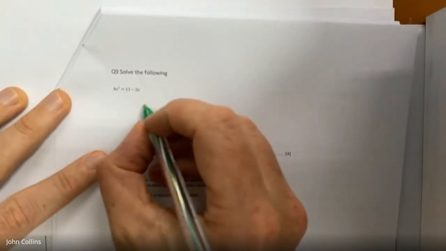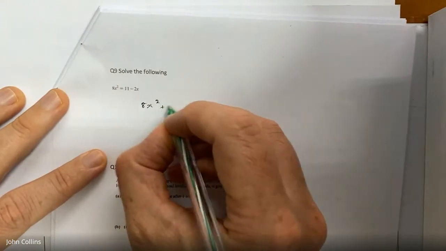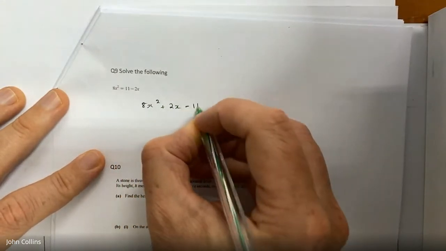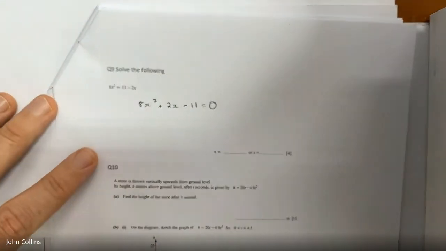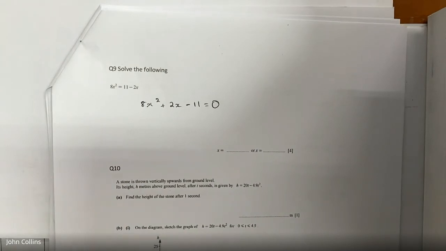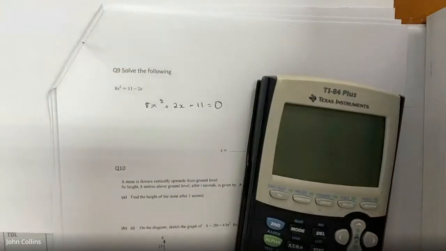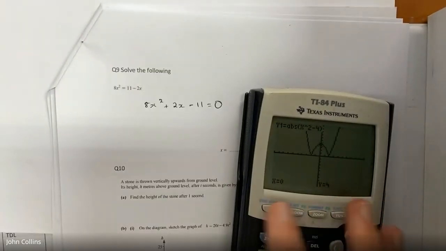Let's move along. Solve a quadratic equation. So we have 8x squared plus 2x minus 11 equal to 0. I just brought it all over to one side to start off with. Any suggestions how you'd solve this? Jack? Use the formula. Use the calculator as well. Solve is trying to find the roots.